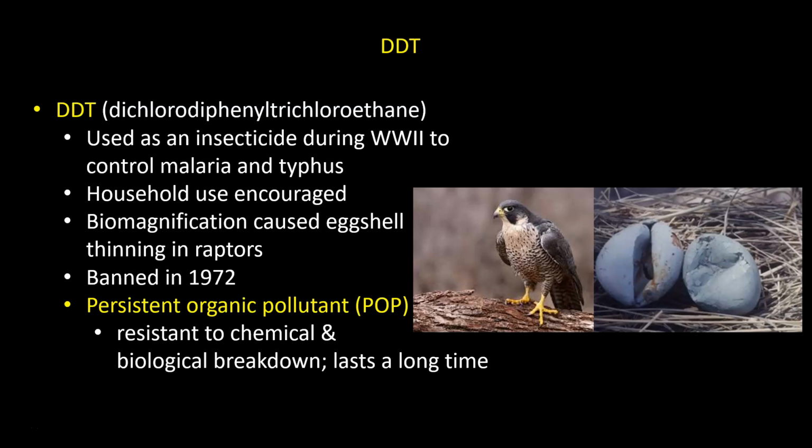Even after DDT was banned, problems continued. DDT is a persistent organic pollutant, meaning it is resistant to environmental degradation through chemical or biological processes. Essentially, it means that it doesn't break down easily and sticks around for a long period of time.